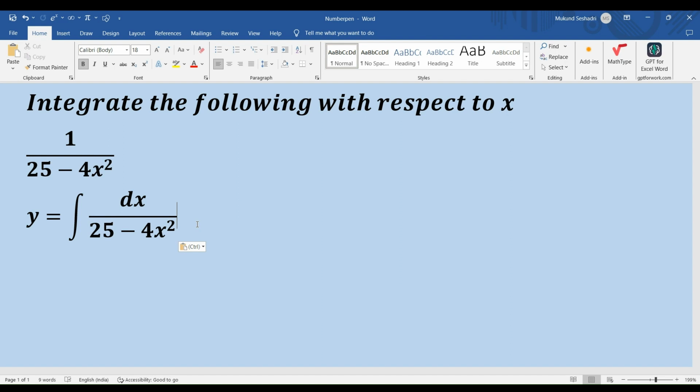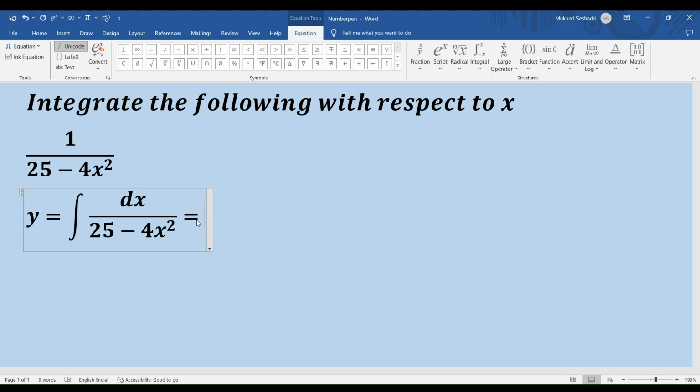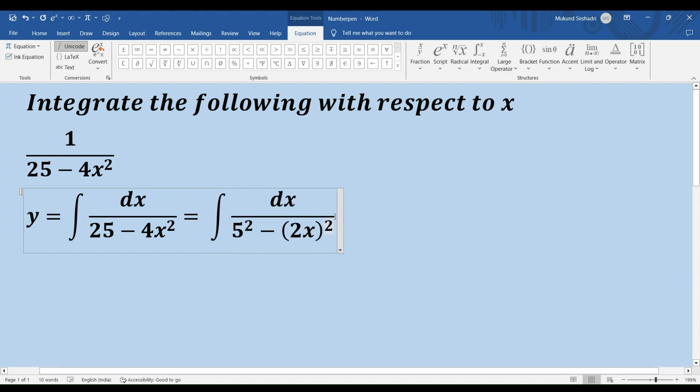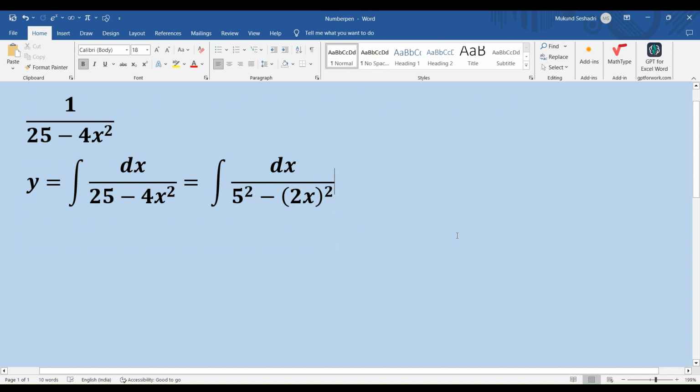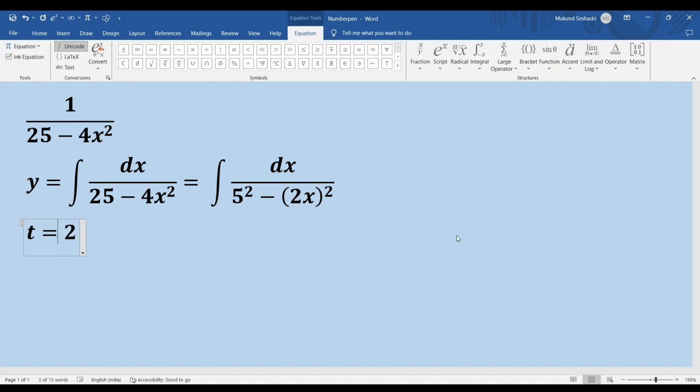The answer is yes, because 25 is nothing but 5 square and my 4x square is nothing but 2x the whole square. Allow me to do this on the same line. So that's my y with a little bit of rearrangement, and all that I'm going to do in step number 2 is do the substitution t equals 2x, right, and put back everything in terms of t.